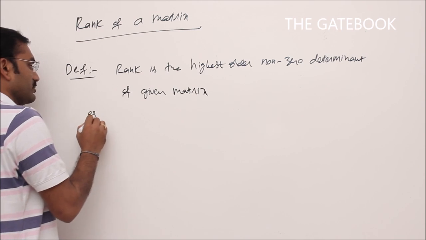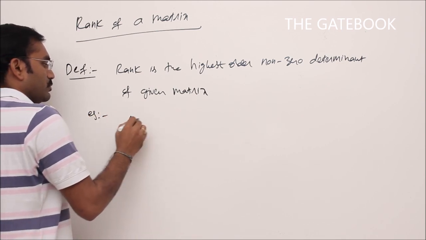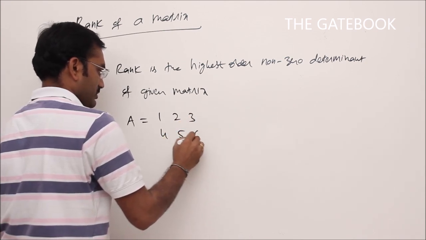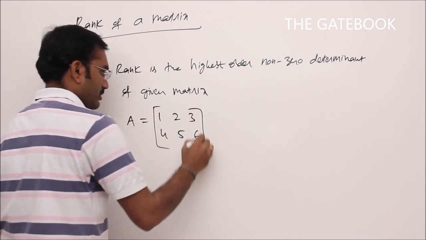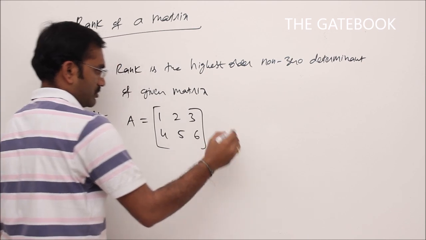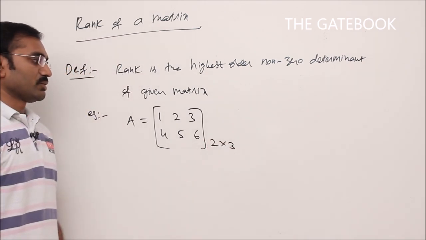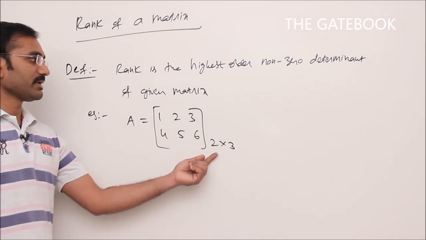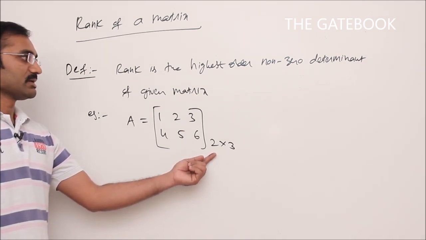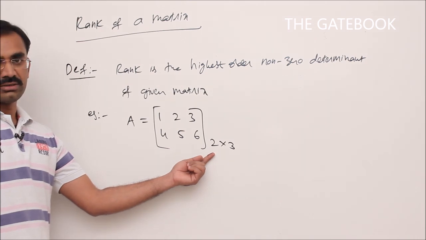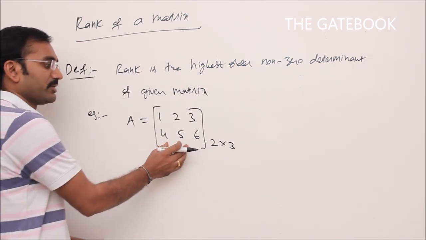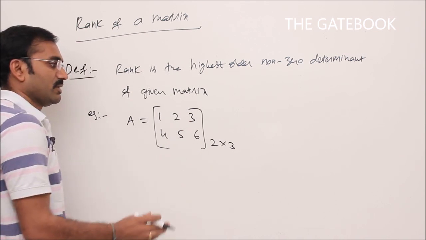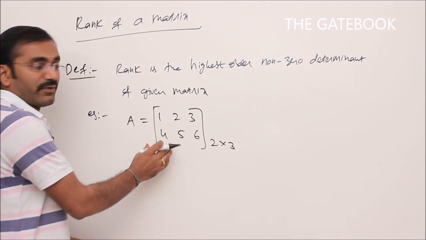For example, A is equal to 1, 2, 3, 4, 5, 6. This is a matrix of order 2 by 3. We can't find the determinant of this matrix because this is not a square matrix. So we have to go for the highest order determinant. Here we can form the highest possible determinant of order 2 by 2.